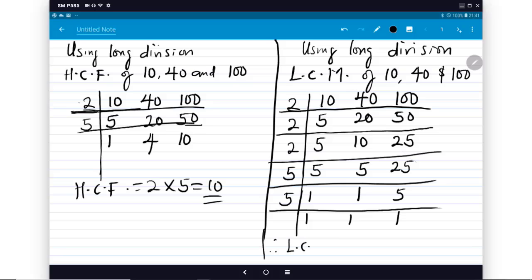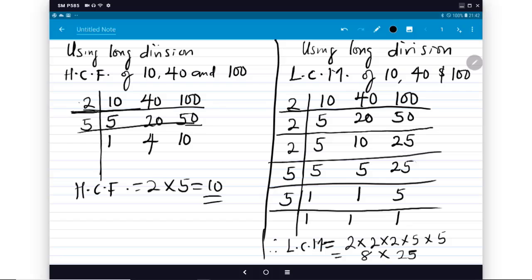So it means our LCM will be equal to 2 times 2 times 2, that's 1, 2, 3, times 5 times 5. 2 times 2 times 2 is 8, 5 times 5 is 25.